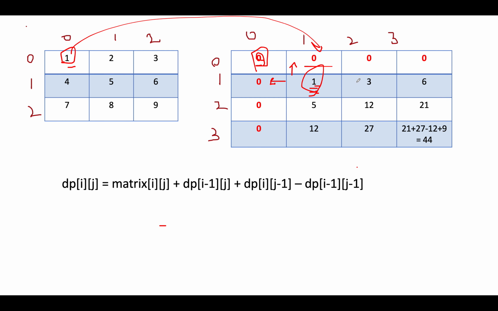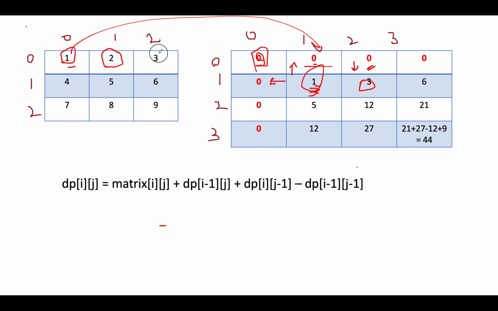Let's talk about the next index. The value is 2. So 2 plus the top value in the dp array, the left value in the dp array, and subtracting the diagonal value. So 2 plus 1 plus 0 minus 0 is 3, so we get 3 here.